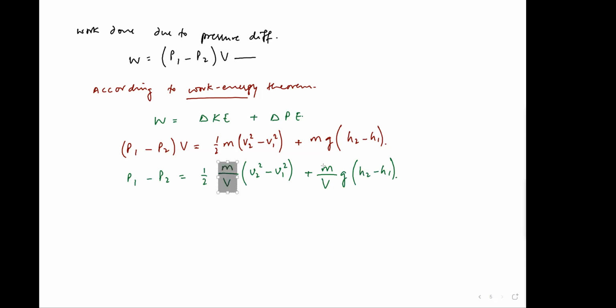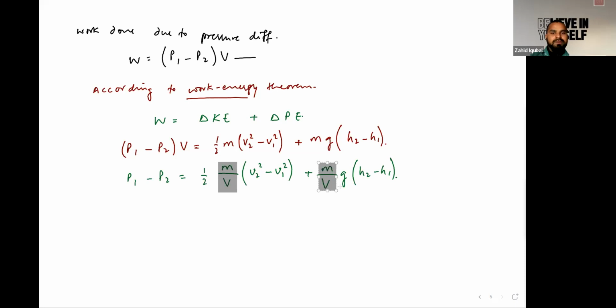Yes, sir. This is nothing but density of liquid. So you may write half rho V2 square minus half rho V1 square plus rho g h2 minus rho g h1.